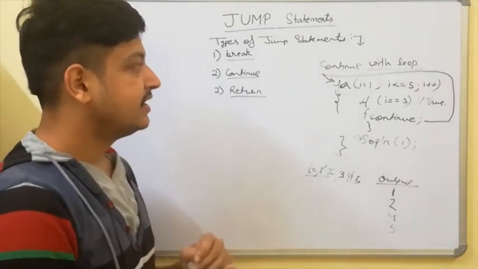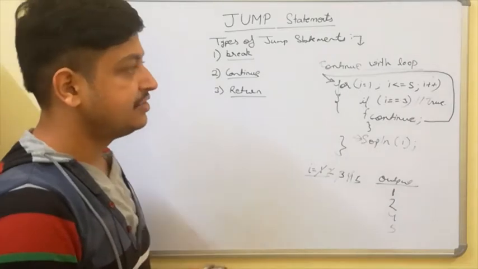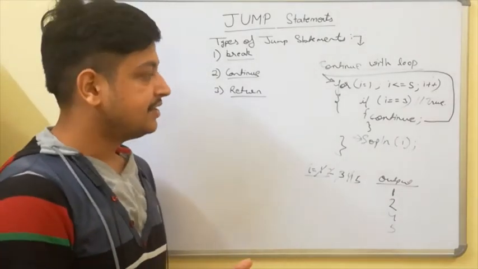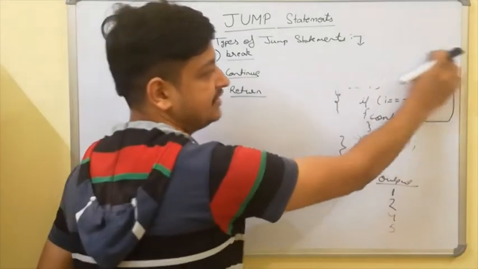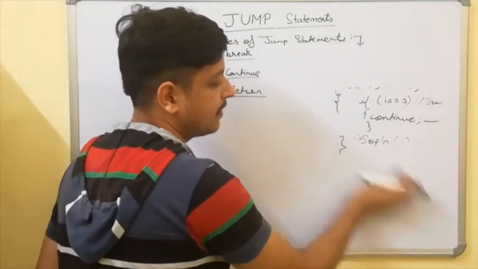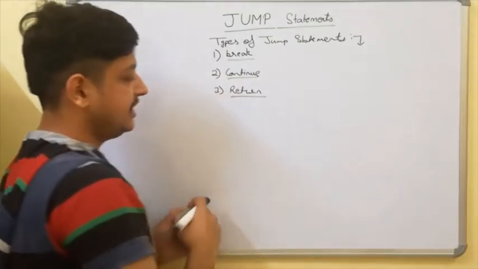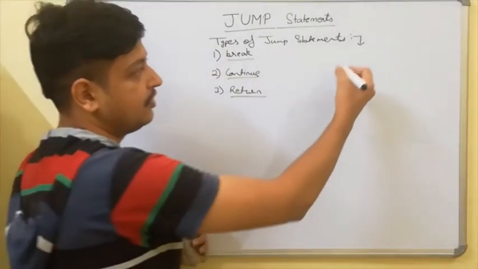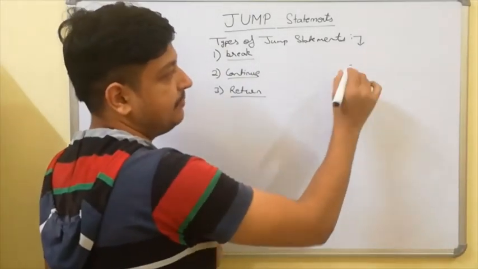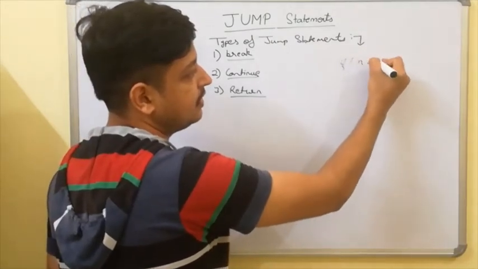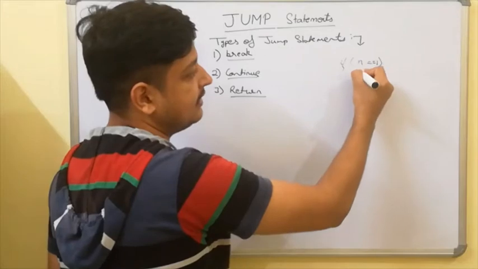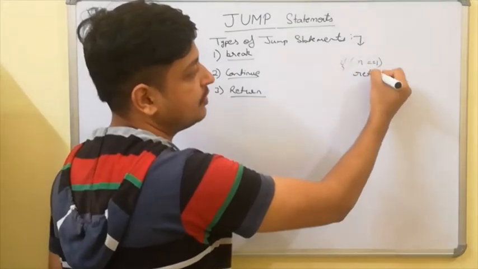So this would be the difference between the break and continue statement if the examiner asks in your question papers. So let's see what the return statement is. For the return statement, I am writing a short program of factorial, the main part only. This will be the base condition: if n is equal to 1, return, what we have to return?